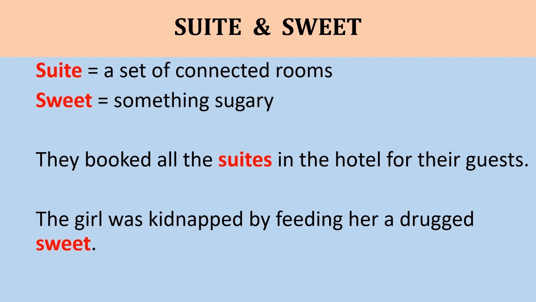SUITE, sweet, is a set of connected rooms. SWEET is something sugary, something which has sugar or the taste of sugar. They booked all the suites in the hotel for their guests.